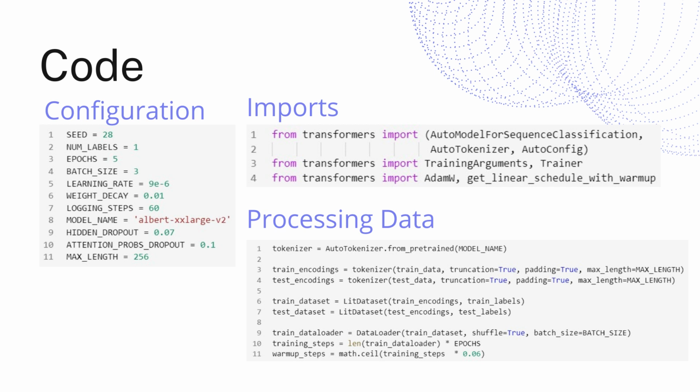Then we import the TrainingArguments and Trainer. We will see what they do in a while. Then we import AdamW, which is the optimizer, and we import get_linear_schedule_with_warmup, which is the scheduler we will use.